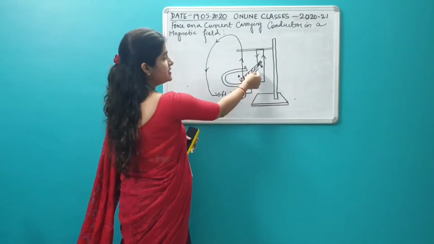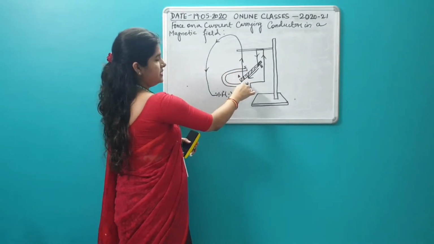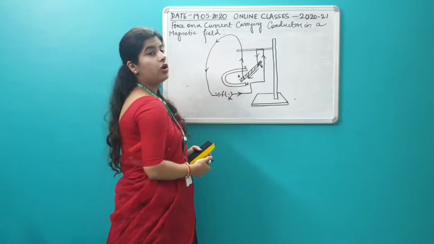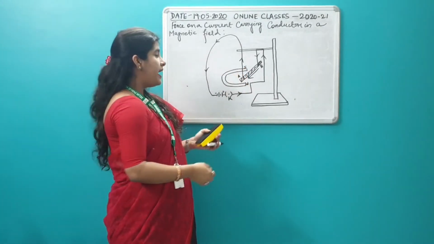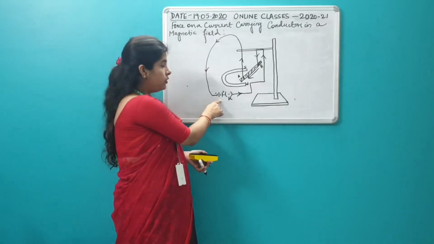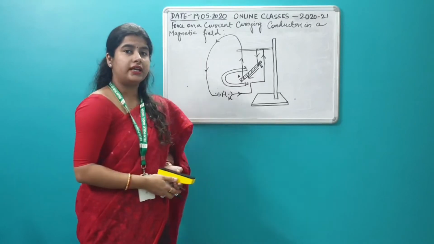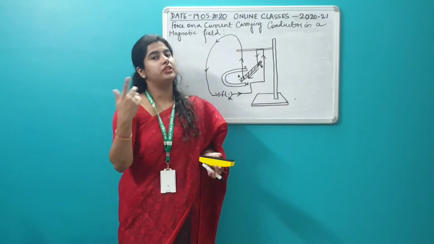Current is flowing from B to A, and in the vicinity of this rod, we have kept a horseshoe magnet having the two poles, North Pole and South Pole, and there is a battery and a switch or a key. By convention again we know that current flows from the positive terminal to the negative terminal.